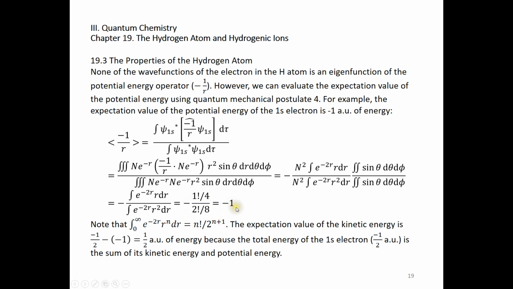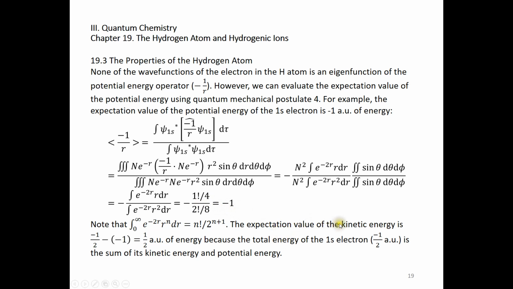The result is -1. Again, we can prove this by hand, but I'm going to skip this part. We'll just use this expression and plug in the values of n in the expressions here. We get -1, and when you see -1, it's actually -1 atomic unit of energy, and that's actually -4.36 times 10 to the power of -18 joule.